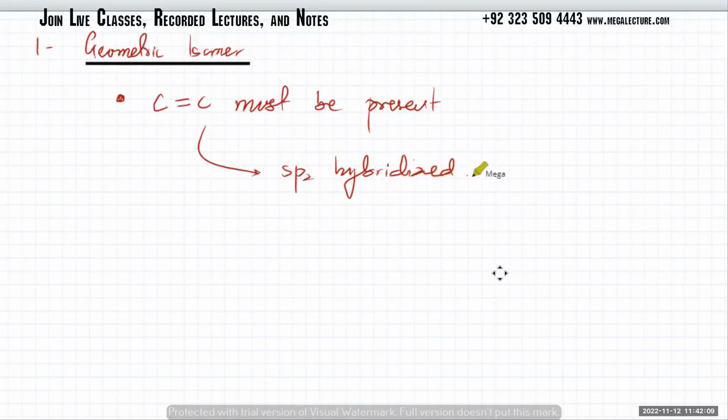In simple terms, when carbon makes a double bond, there's a double bond, then there are 2 single bonds. So whenever carbon makes a double bond, it's basically bonded to 3 atoms.